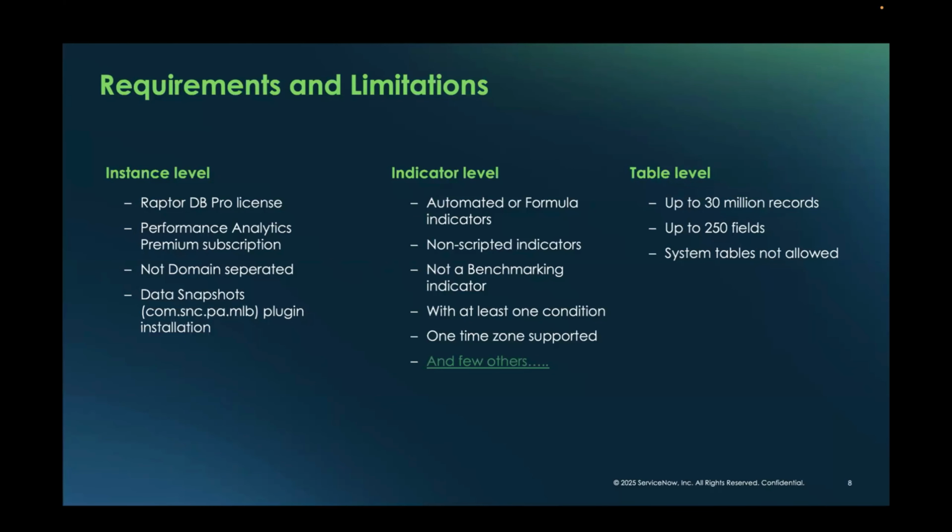I can take a simple example: let's say there's a very big table. The current data collector can struggle to even compute scores out of that table, whereas with data snapshot, we should be able to do that. A big one is vulnerable items for anyone using SecOps vulnerability response, which could easily have 10 million records.